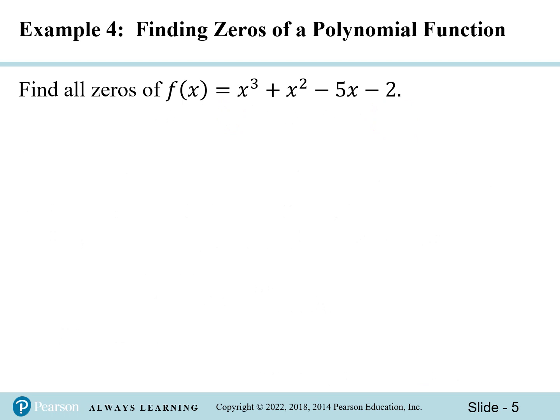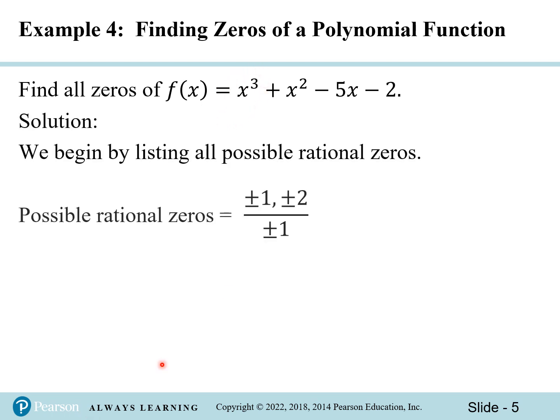So if I have to find all the zeros of f of x equals x cubed plus x squared minus 5x minus 2, what I'm going to have to do is list all my possible roots. Again, I'm going to look to the constant term here, which is negative 2, and the coefficient in front of x cubed, which is 1.